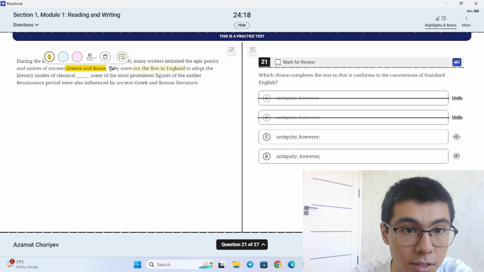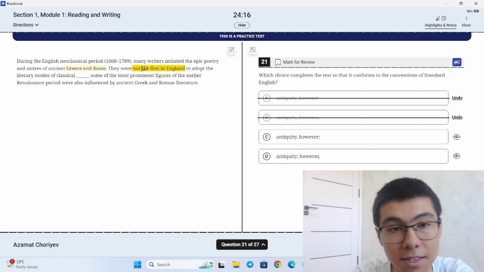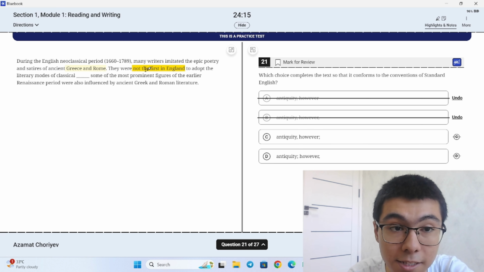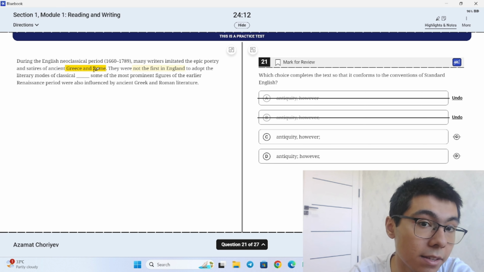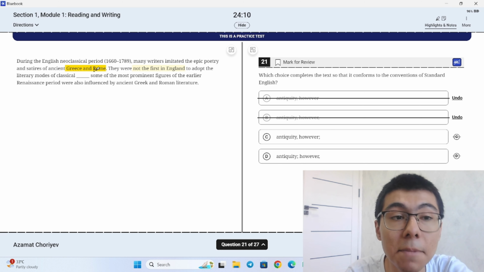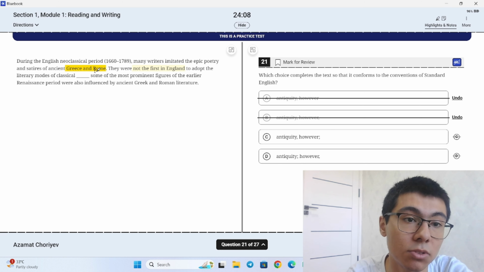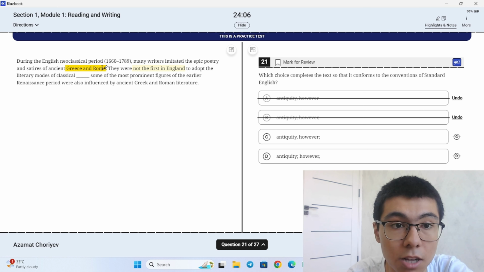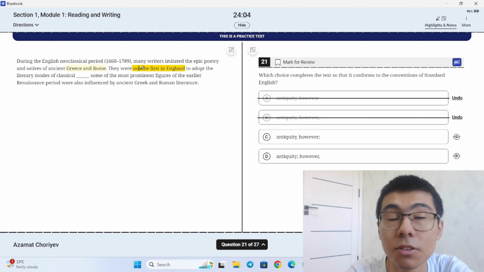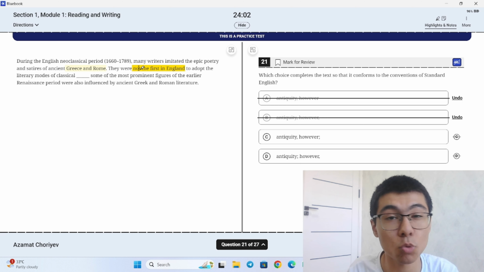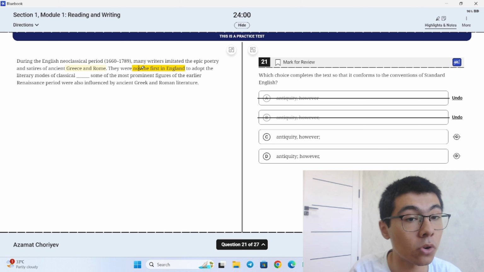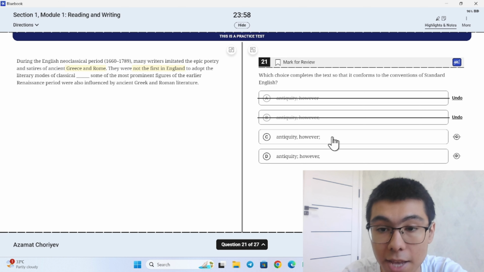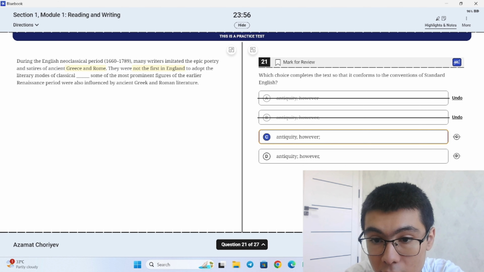And then the second sentence tells that they were not the first in England. But in the first sentence, it's told that writers imitated from Greece and Rome. So there's a contrast between the first and second one. It doesn't matter whether the transition word is going to come in the beginning or at the end or even in the middle. So that's why C is correct.